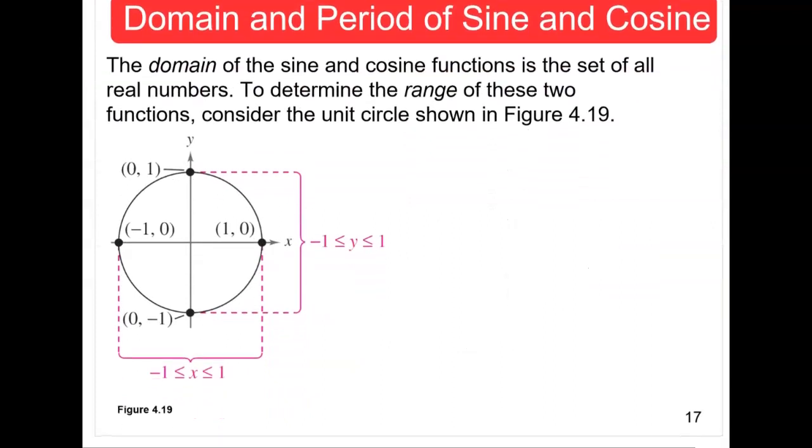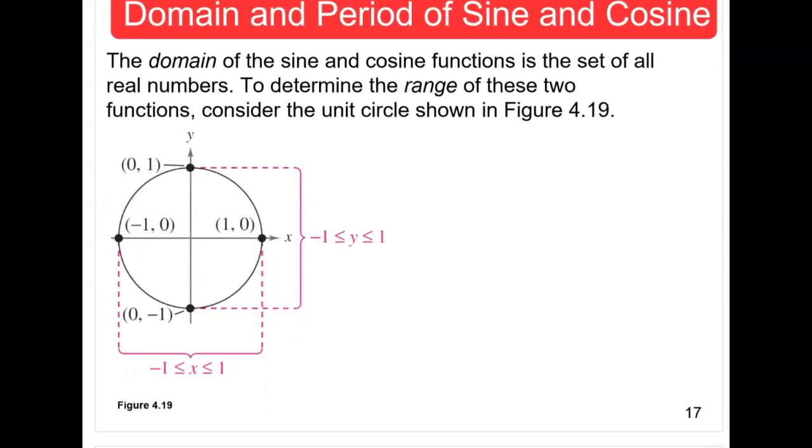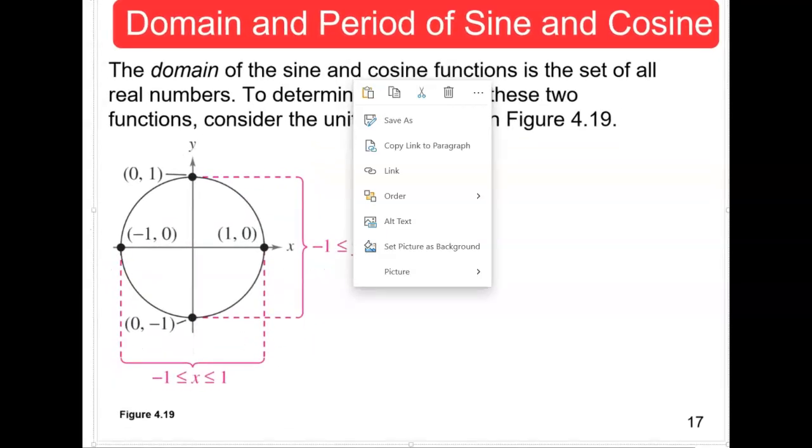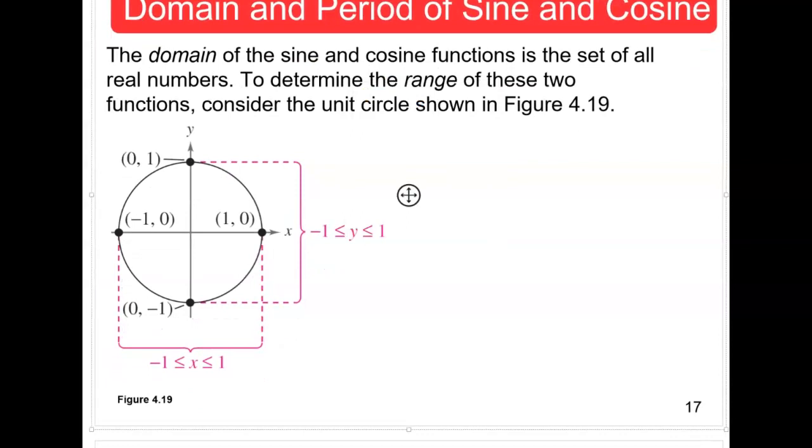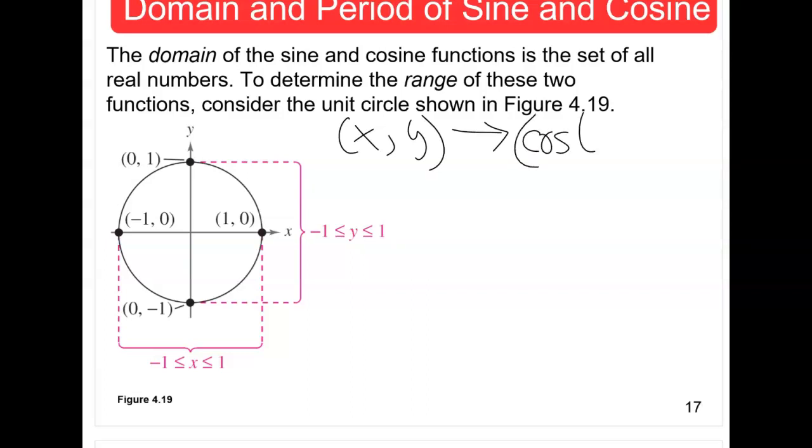Okay, so now what we're going to do is define, I guess, the boundaries of the sine and the cosine function. So far we have mentioned that the coordinates x and y are actually representing the cosine for that angle.